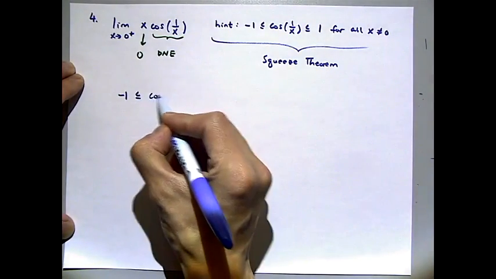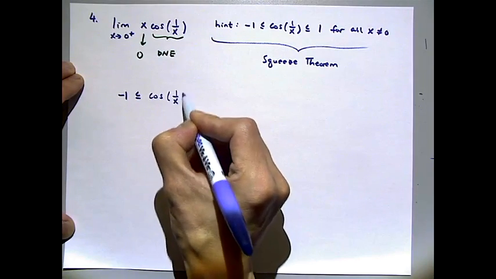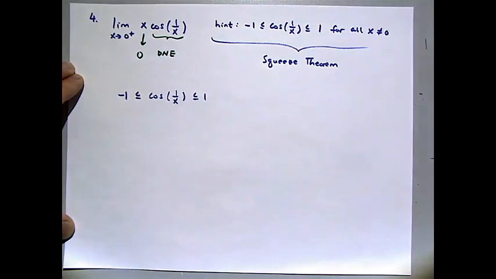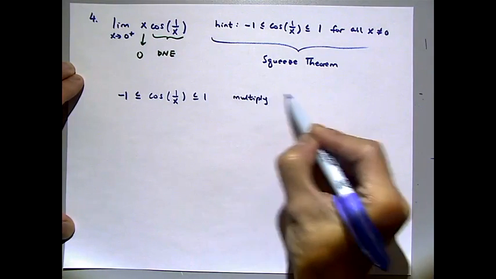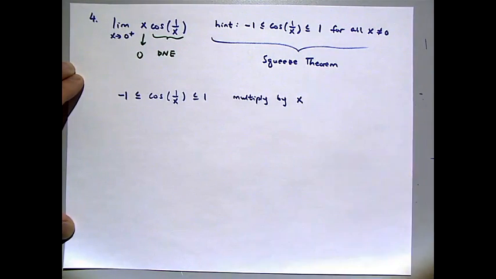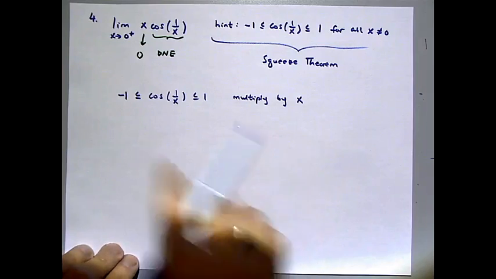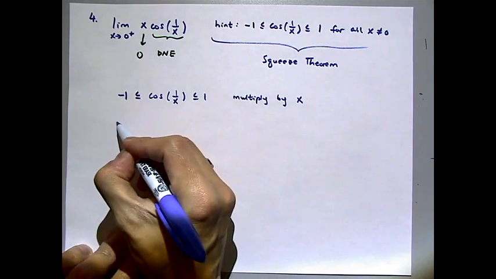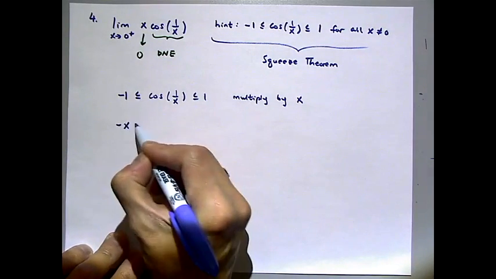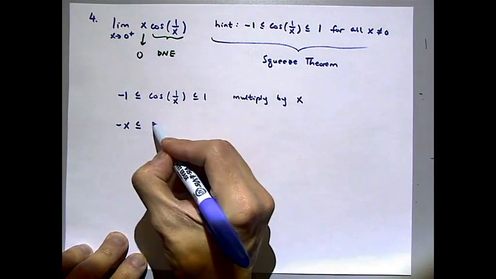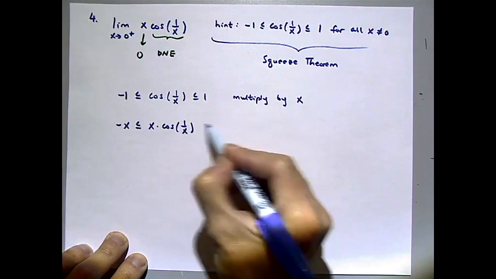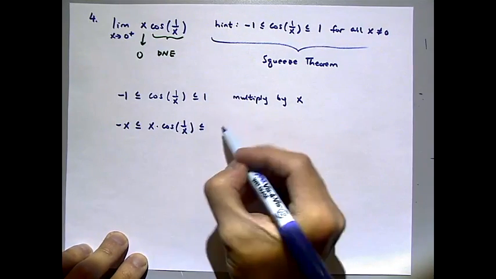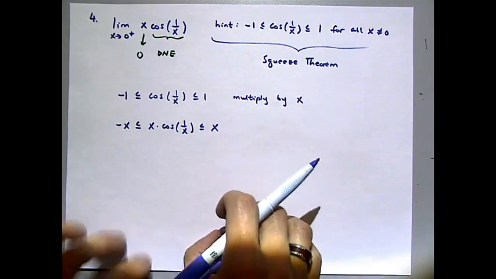Okay, so if we start with this thing right here, multiply by x on all three sides, we get negative x is less than or equal to x times cosine of 1 over x less than or equal to x times 1, and that's x.